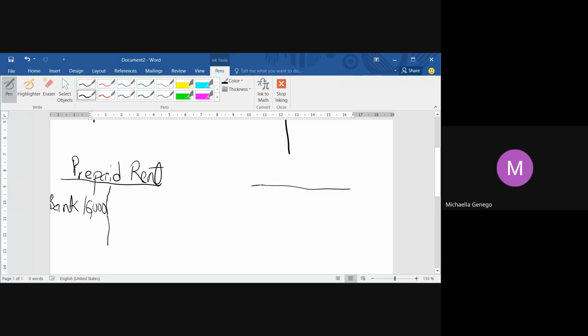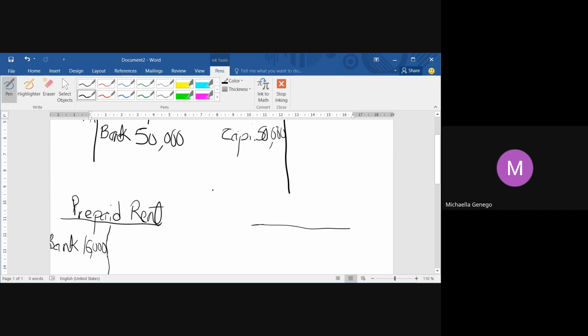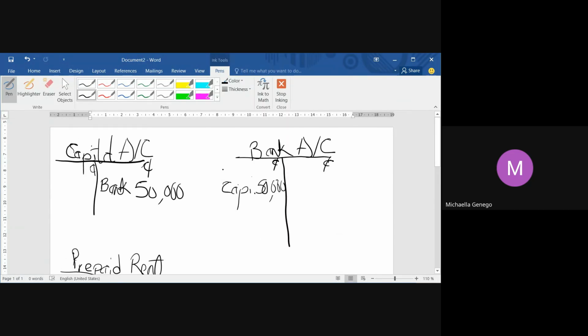We are solving it together. Someone is asking me, are we solving it? You are solving your book. We are all doing it together. So what happens to the bank account? Credit the bank account.